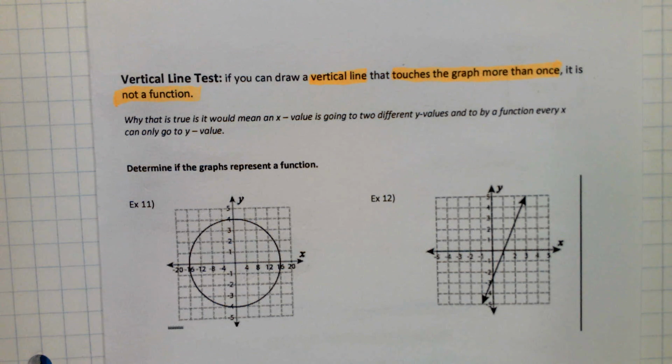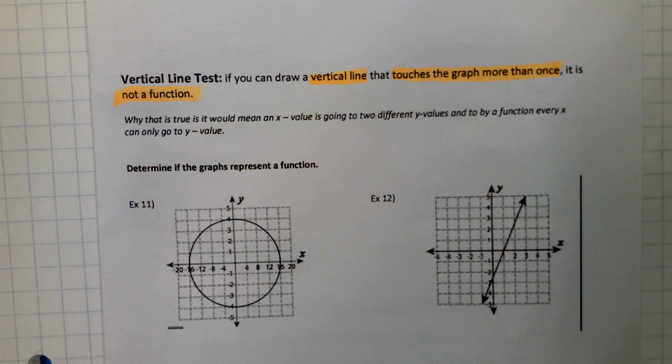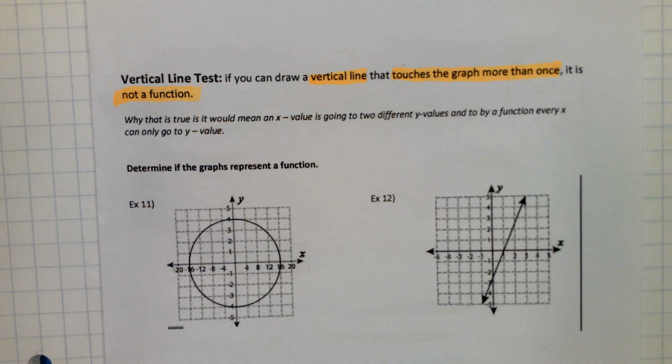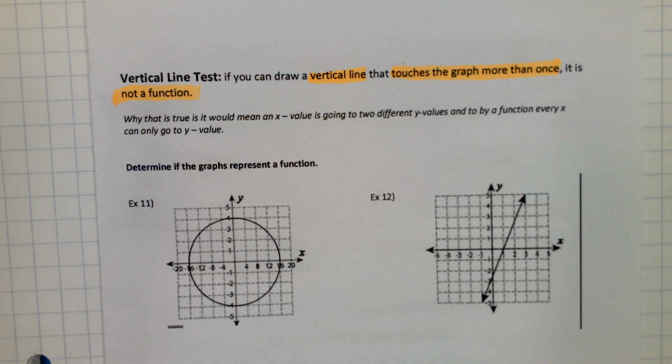So this is real simple. Take a graph and it says, excuse the typo. Why this is true is it would mean an x value is going to 2 different y values, and by a function, every x has only 1 y.